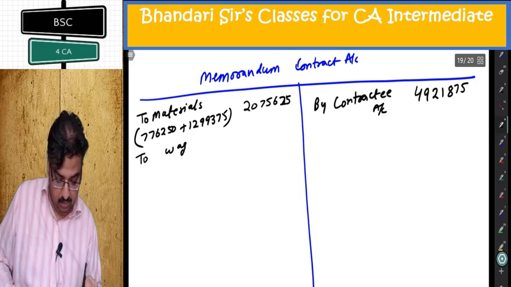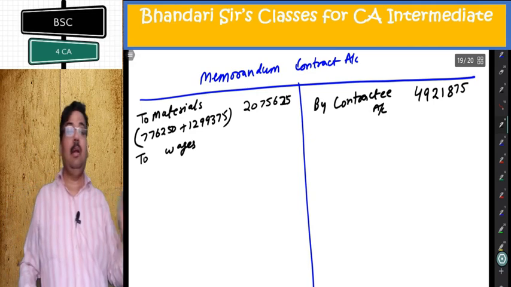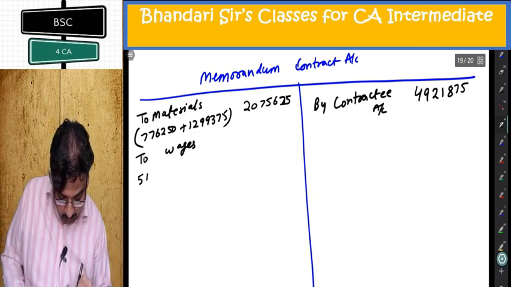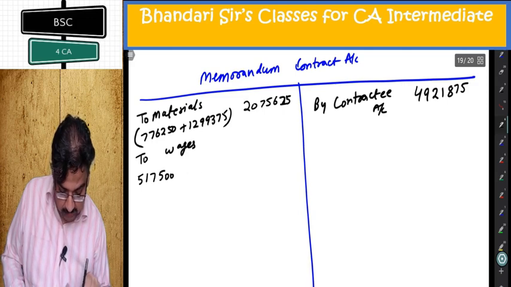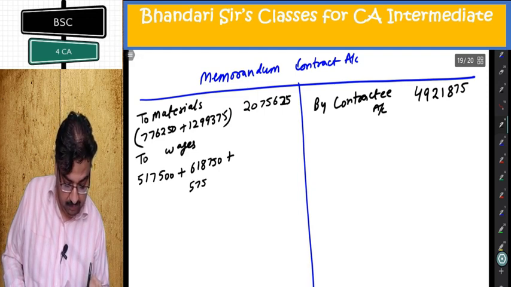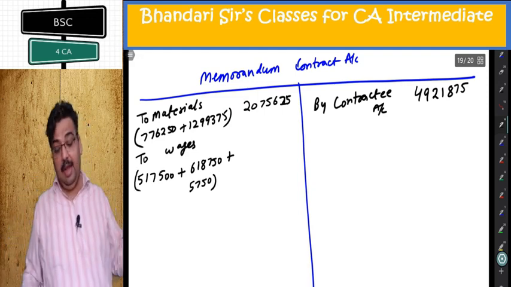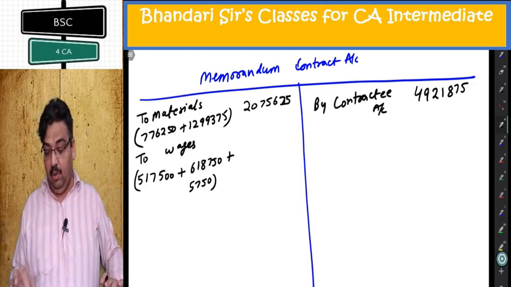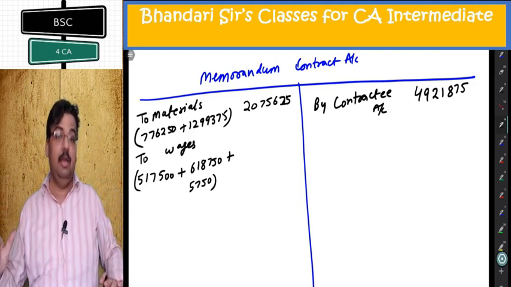Two wages, very interesting, intermediate items to be ignored. So what I'm getting there, 517500 plus 618,750 plus 5750, which is extreme and outstanding. I ignored 37,500 prepaid and 12,500 outstanding, which were intermediate items.